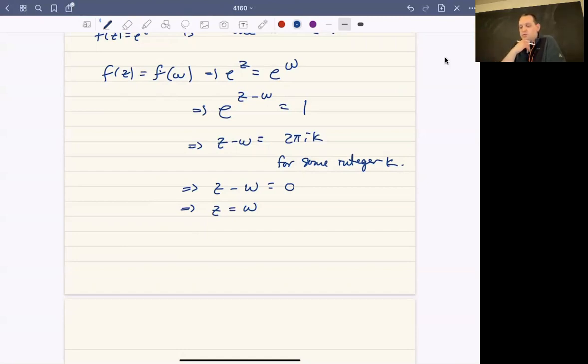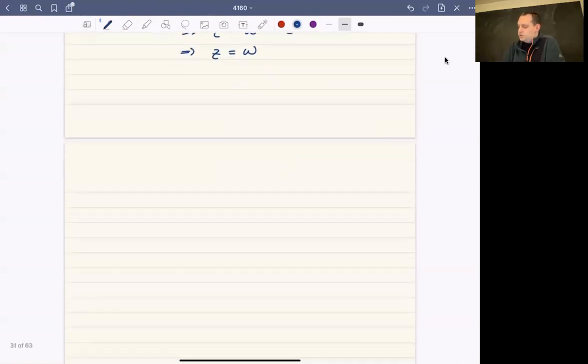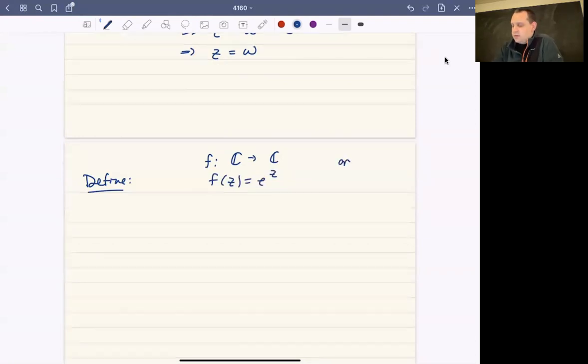And so we talked about the choices that we had to make in order for the square root of z to be defined. Likewise, we have to make some choices for the exponential function in order for the inverse to be defined. So let's think about the function f mapping the complex numbers to the complex numbers given by f of z equals e to the z, where we're going to take the argument of z, that theta angle, to be between pi and minus pi.